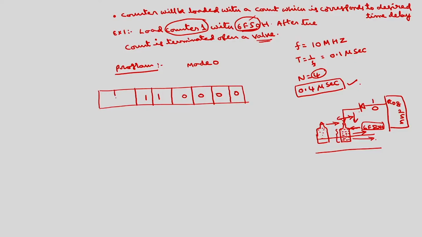Then we have these 2 signals to select the counter. For counter 1, this will be 0 1. 0 0 means counter 0, 0 1 means counter 1, 1 0 means counter 2, 1 1 is illegal here. Okay. So what will be the control word? 70H.